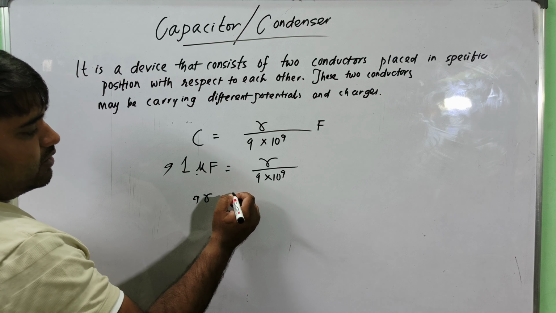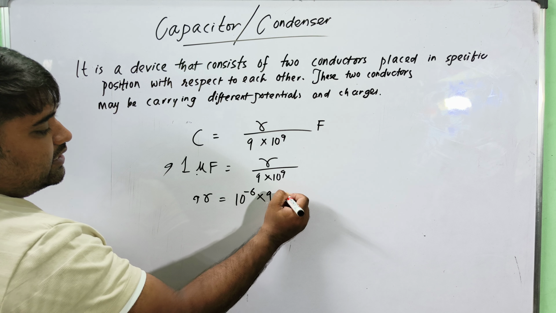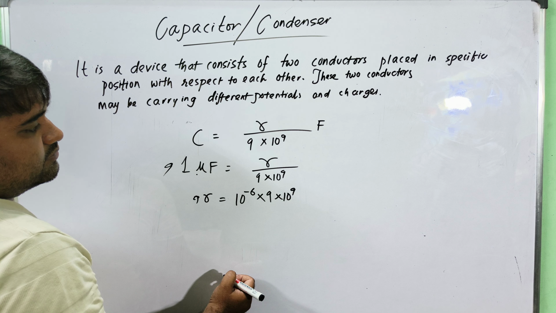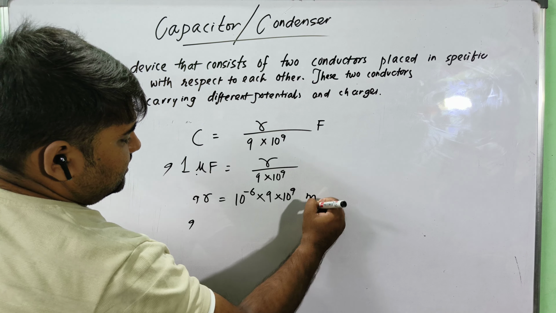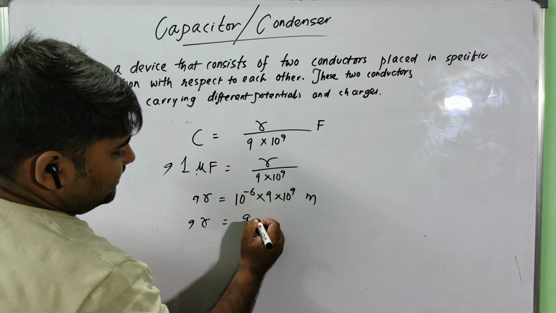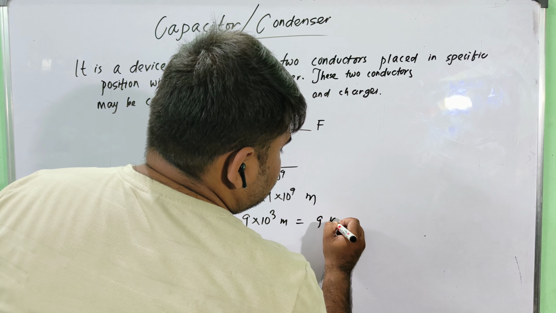These things get multiplied. 1 microfarad, that is 10 raised to the power minus 6 into 9 into 10 raised to the power 9, and it is in meter. You can actually see that it is 9 into 10 raised to the power 3 meter or 9 kilometer.